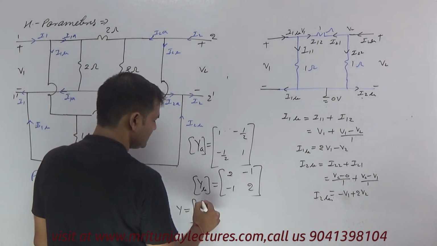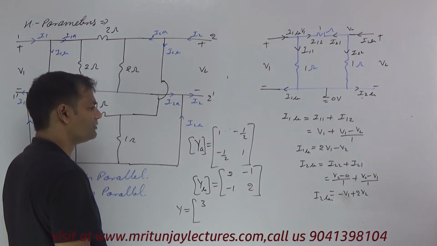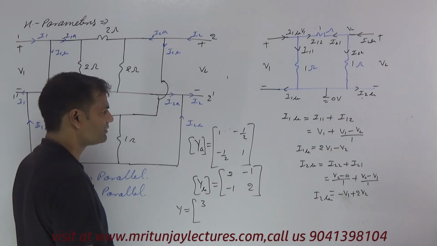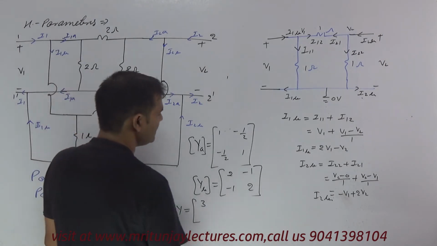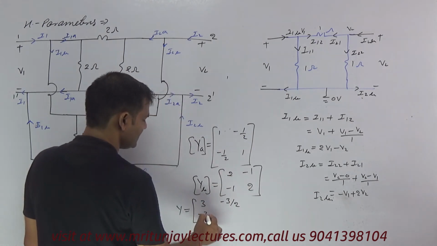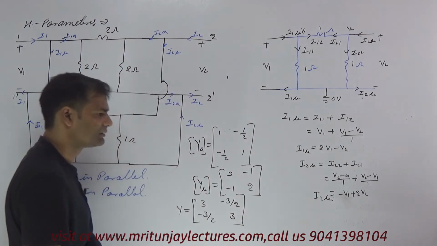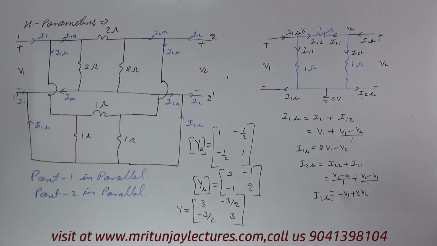So 1 plus 2, that is 3, minus 1 and minus 1, sorry, minus half, minus 3 by 2, minus half, this is also minus 3 by 2, and 2 plus 1, that is 3. That is the Y parameter. Okay, so finally we got the Y parameter.